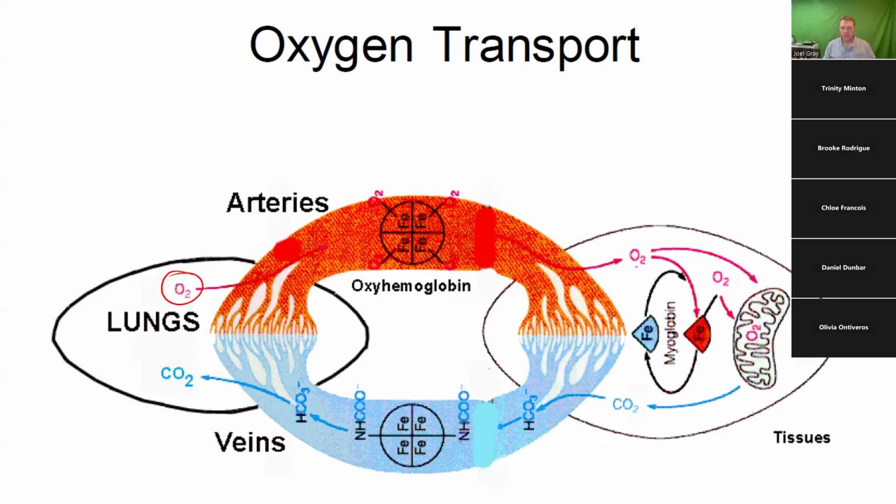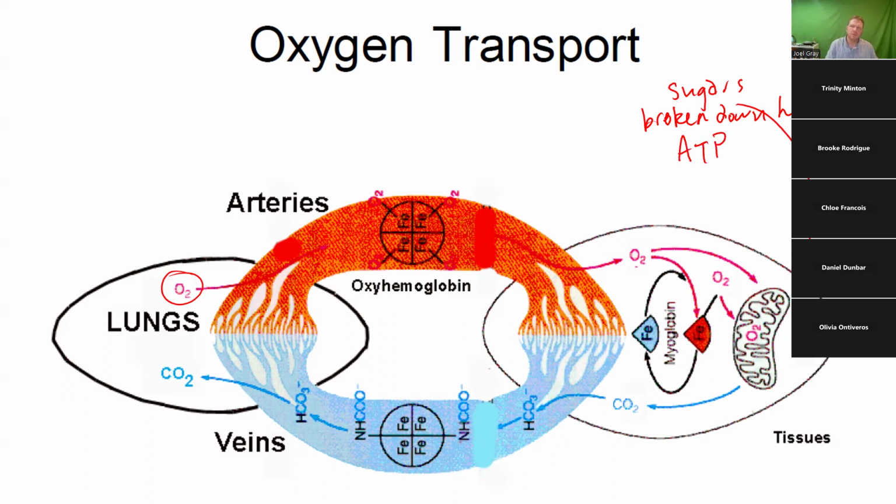My muscle cells, just like everyone else's, we need them to generate a bunch of ATP. Just think about the connection. When we break sugars down in our tissues, we get a bunch of ATP.